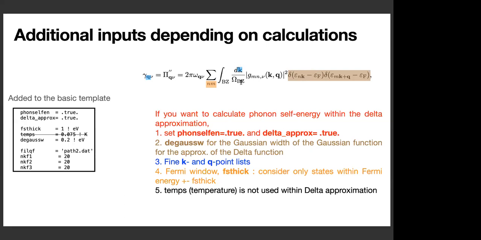And also, since you need the integration over k points, you need to specify k, and also since you need to evaluate the self-energy at each q point, you also need to specify the q point list. And this is done by this part.